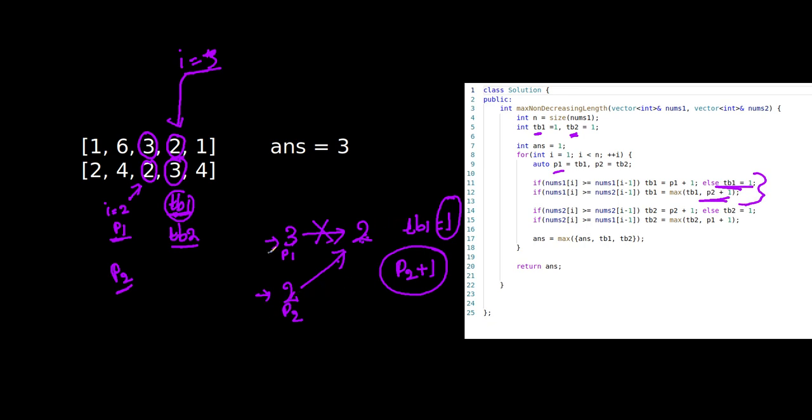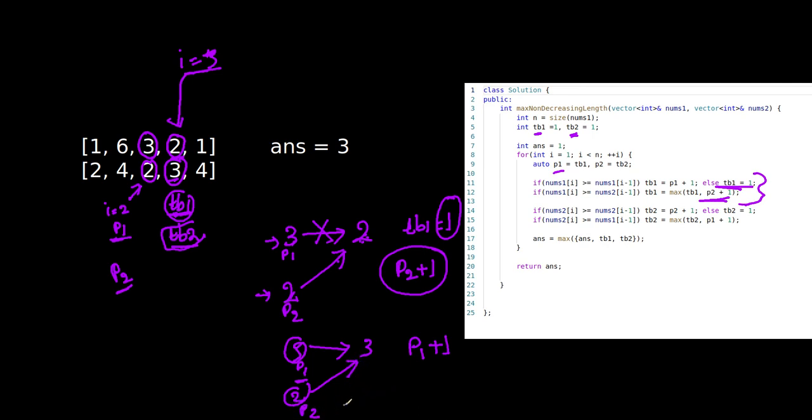Now let's calculate tb2. To do that, we have the value 3 at the current index, and from the previous index, 3 and 2, we have p1 here and p2. Now we can go from 3 to 3 because 3 equals 3. So tb2 in this case is p1 plus 1, and we can go from 2 to 3 because 2 is less than 3.